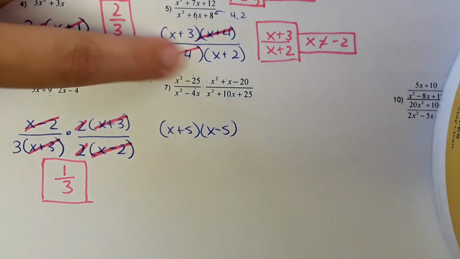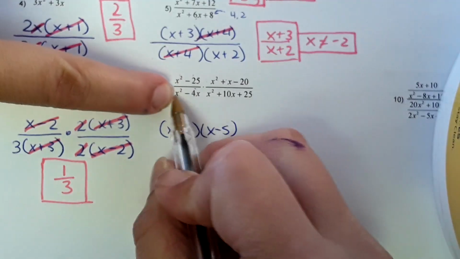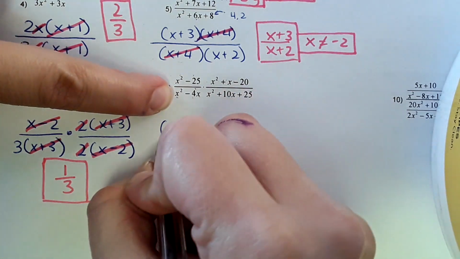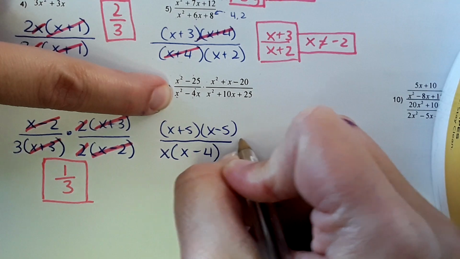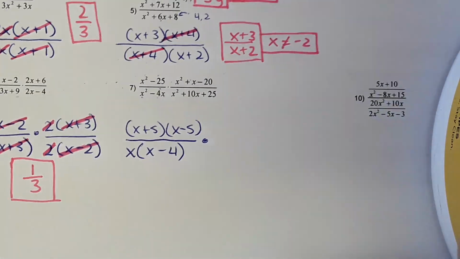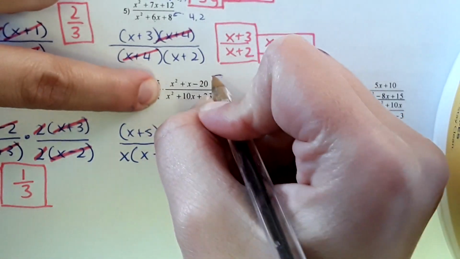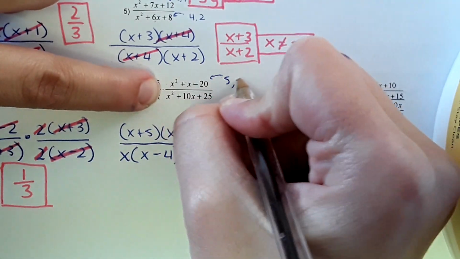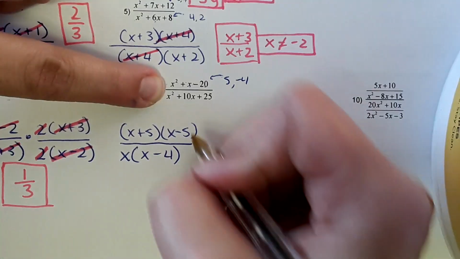Okay, so that's the top. Then the bottom, we're going to take an x out of both of those terms. So we get x minus 4. Then factor this. Let's say 5 and negative 4 would multiply to negative 20 and add to positive x.